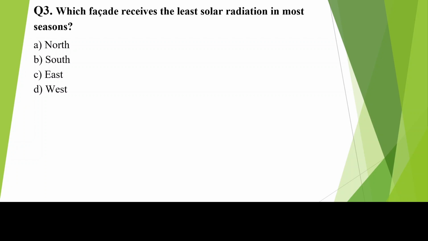As you all know, the sun rises in the east and sets in the west. So this is talking about the whole year, for all the seasons. Which facade will receive the least amount of solar radiation? Question number three.